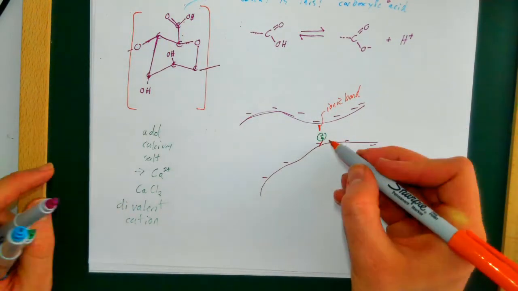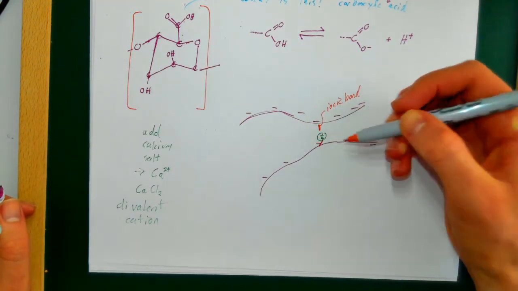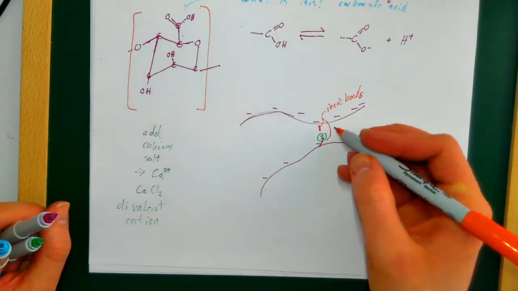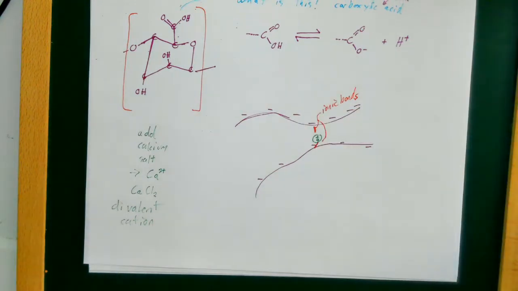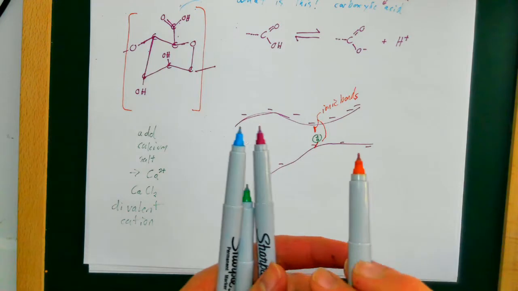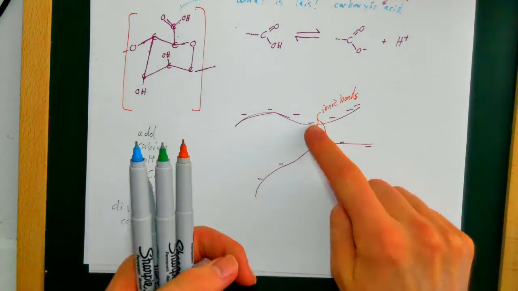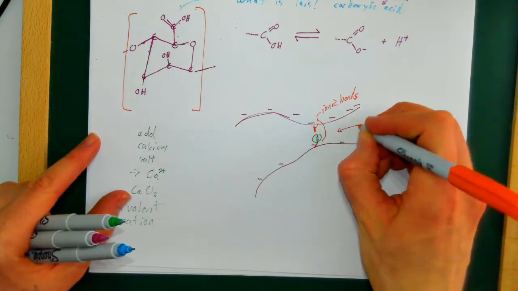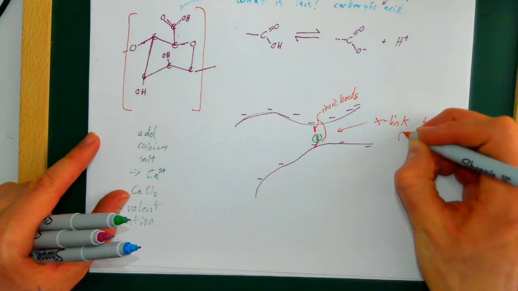Because calcium has 2 positive charges, it can get a -1 from one chain and a -1 from another chain. So this forms 2 ionic bonds, and this basically forms a bridge. That's enough to actually link these 2 chains together. And basically this can create the cross link to form a gel.